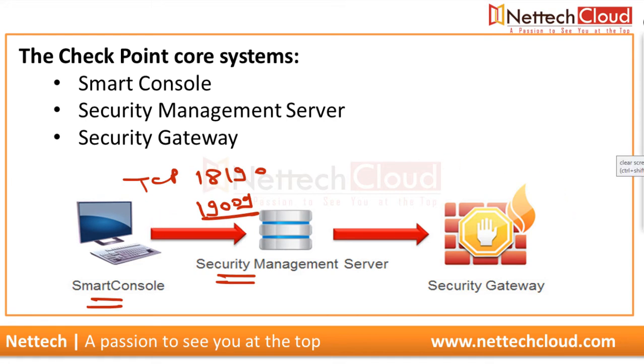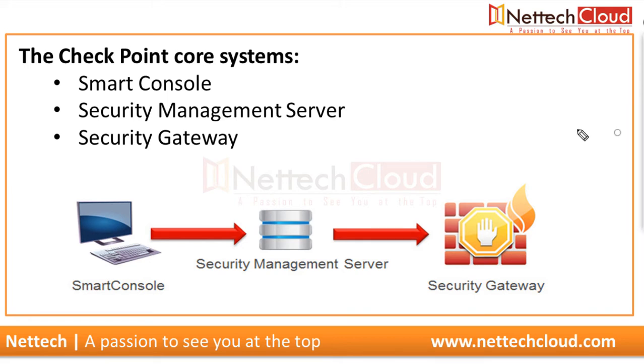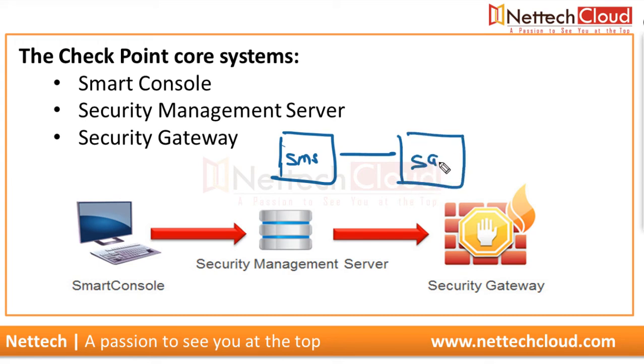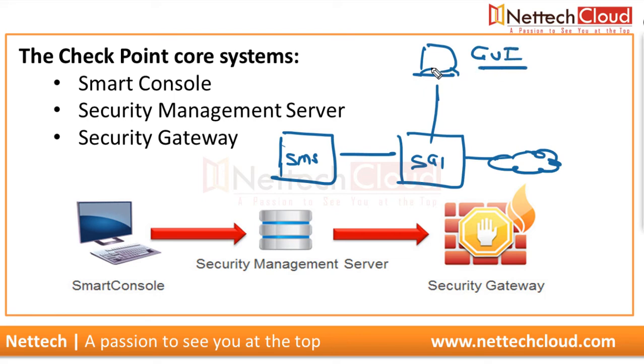And let me take another scenario. Let's say here the SMS server and a firewall, security gateway, internet maybe, and the GUI client is not in the same zone, right?